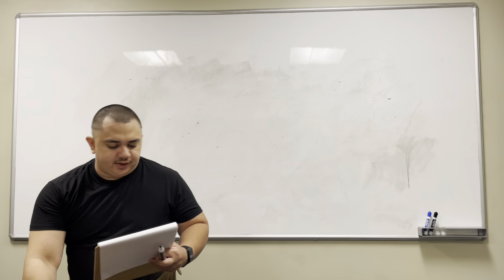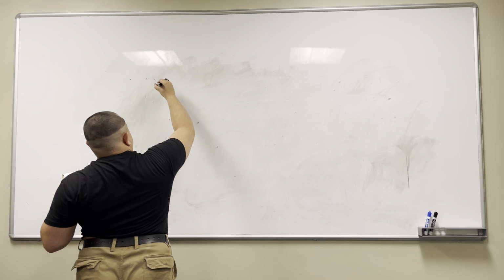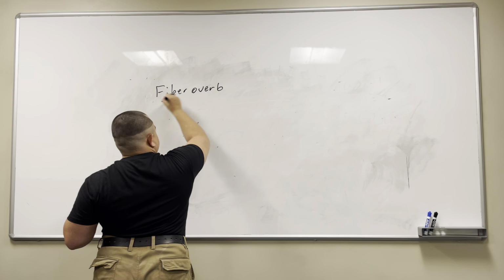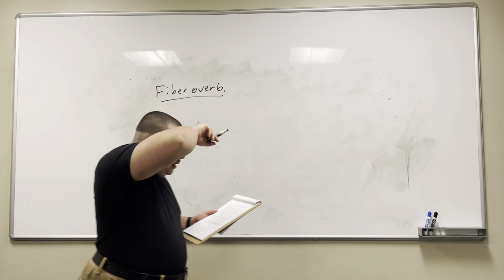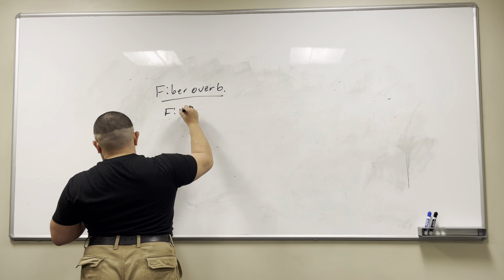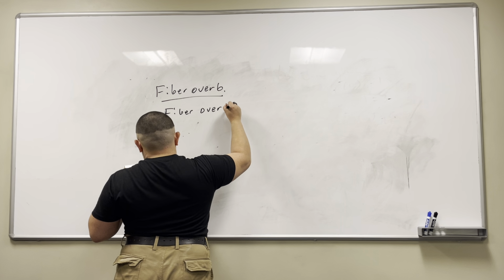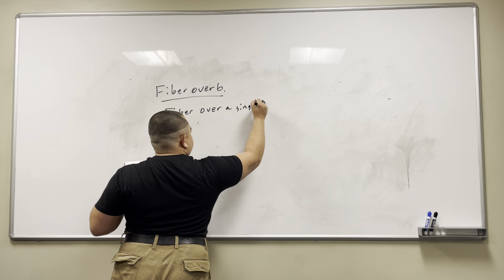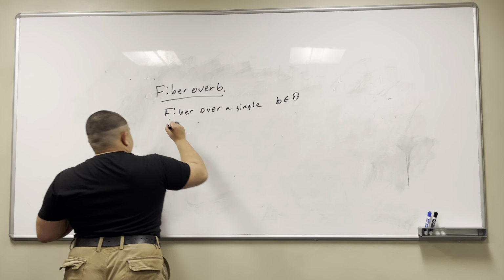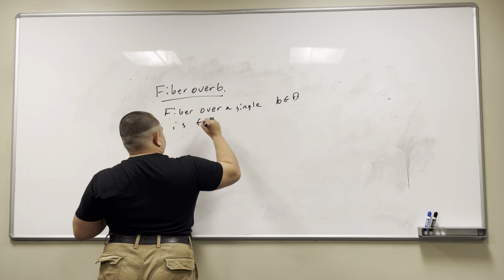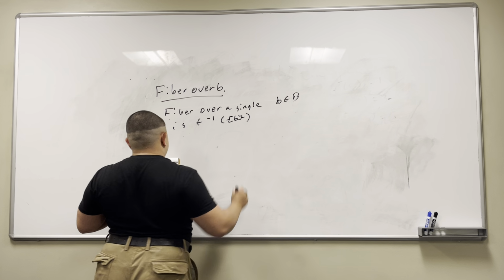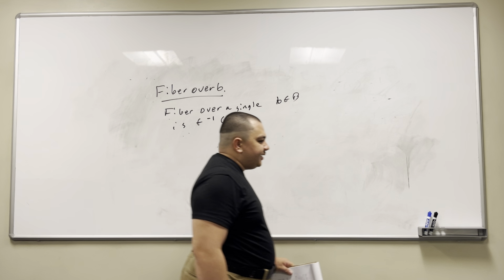Now, there's also this notion of a fiber over b. The fiber over a single b within large B, the set B, is f inverse, the pre-image of the singleton set containing little b.